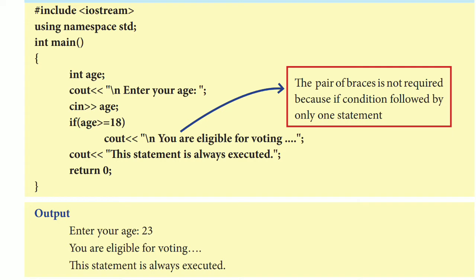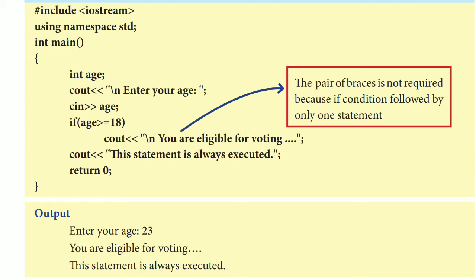Okay, so first, hash include iostream is the library that is used here, and using namespace std is the generalized standard code throughout the project, and this is the main program.